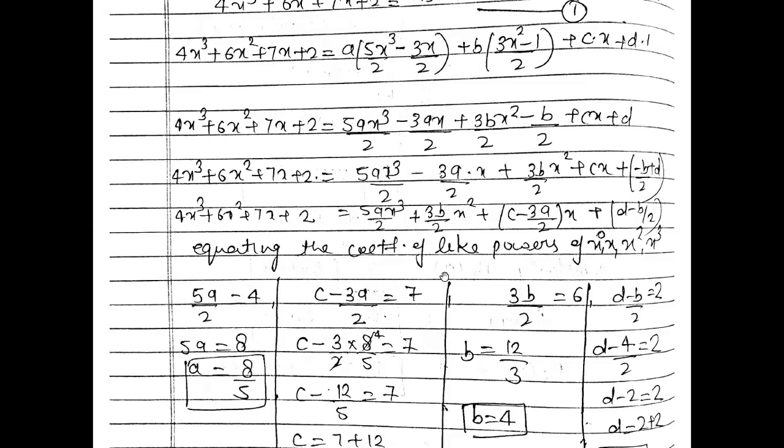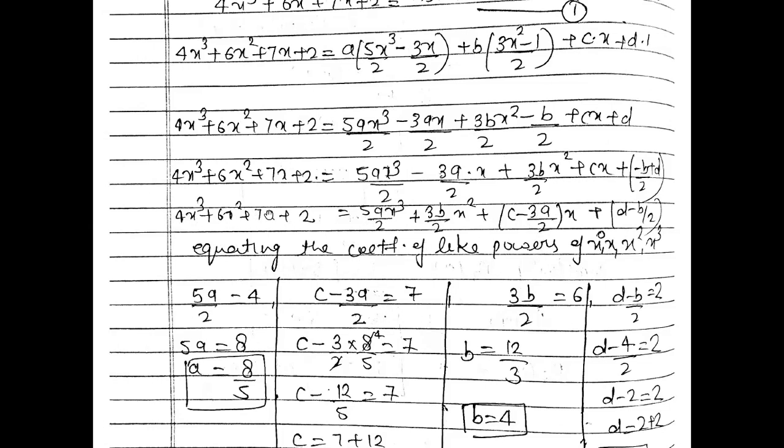So equating the coefficients of like powers of x, that is x to the power 0, x, x square, x cube, when you compare them, the x cube coefficient on the left hand side is 4, and on the right hand side it is 5a upon 2. So 5a upon 2 is equal to 4. Now c minus 3a upon 2 is equal to 7, this is the x coefficient.